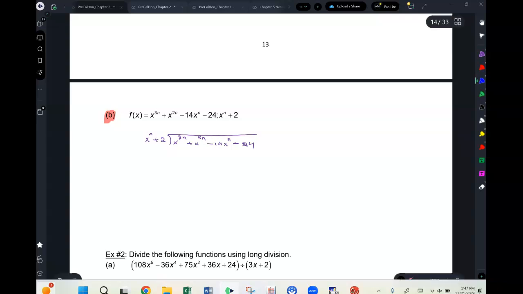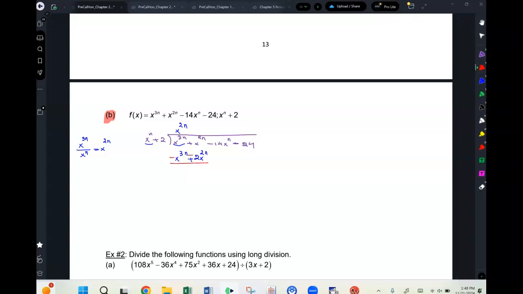So, x to the 3n divided by x to the n is x to the 2n. We multiply to get x to the 3n plus 2x to the 2n.